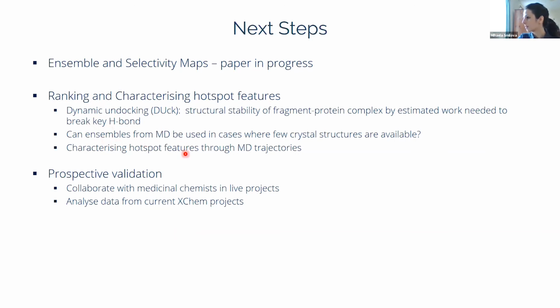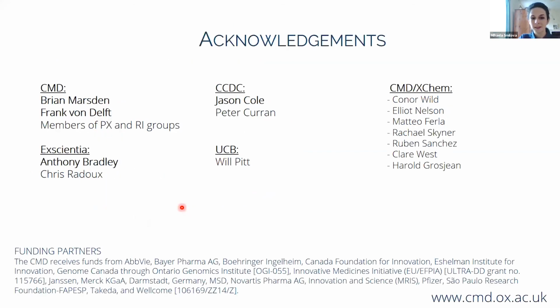Looking at MD trajectories, and this has been a bit slow with COVID restrictions, but trying to validate these in the context of a prospective medicinal chemistry campaign at the Center for Medicines Discovery at Oxford, and also analyzing data from current XChem projects.